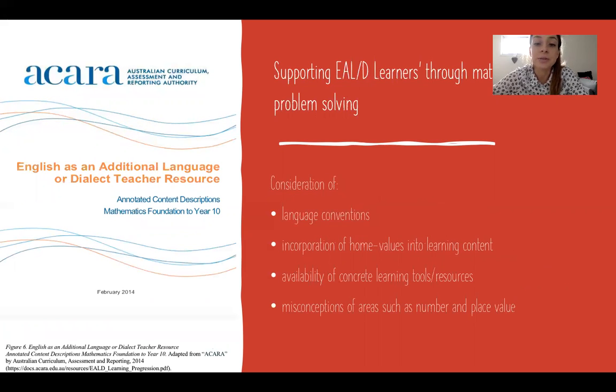Supporting ELD learners through mathematical problem solving. In learning a specific concept such as money and finance, a substrand of the mathematics curriculum, learners will become progressively involved in problem-solving financial equations which interconnect with multiple strands under the umbrella of the number and algebra strand.